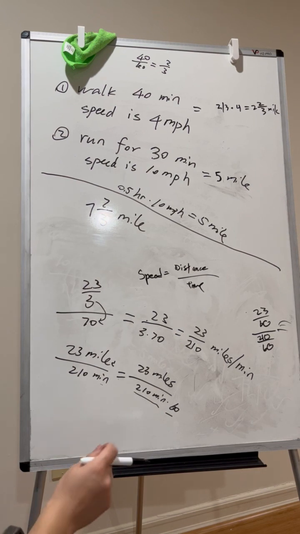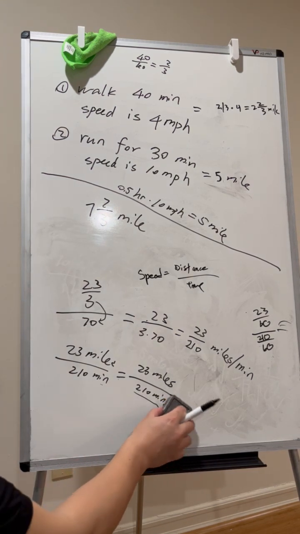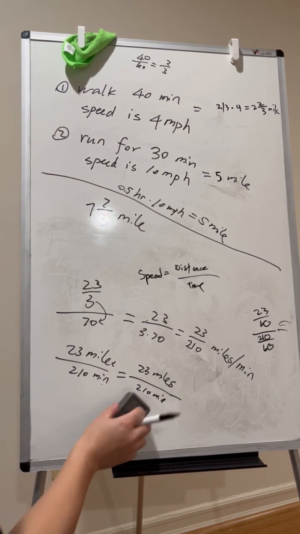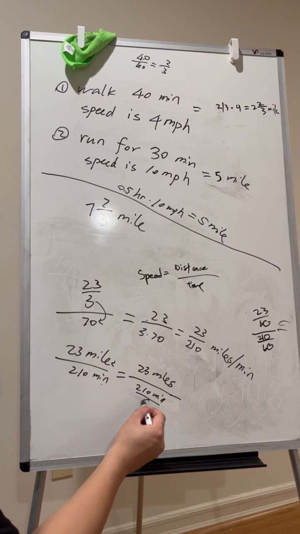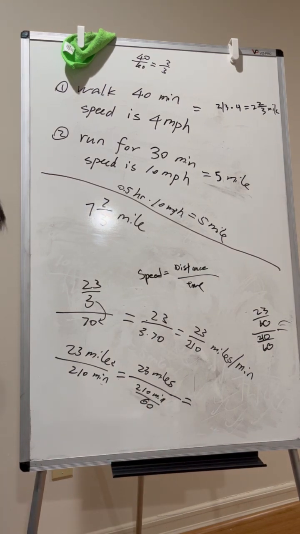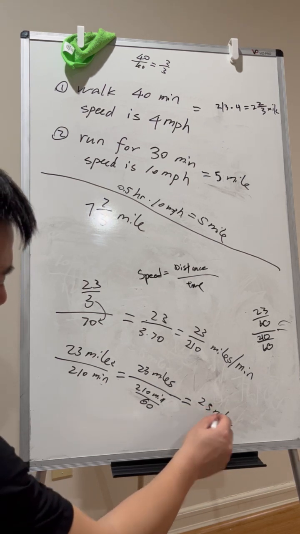I think you are a little bit confused. 3 hours and 30 minutes. So you actually need to do division. So divide by 60. 3 hours and 30 minutes. 23 miles over 3 hours and 30 minutes.